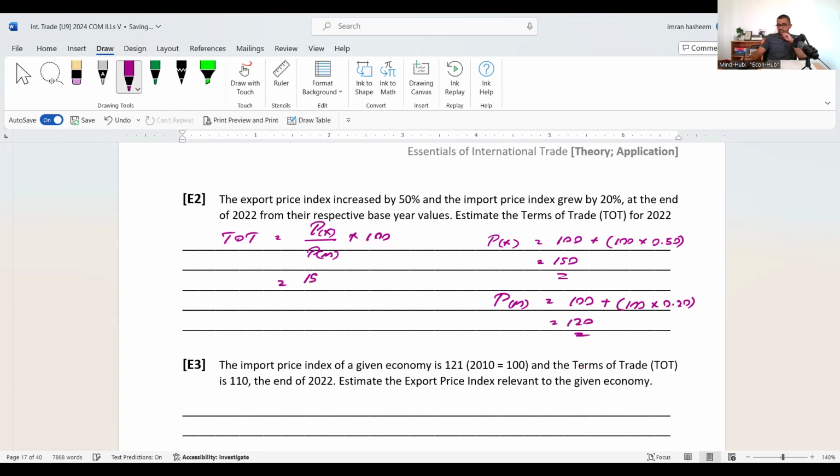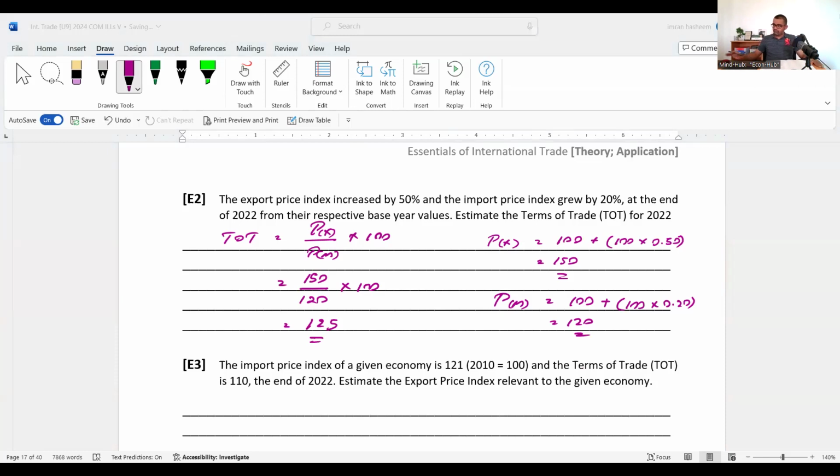So bring those values: 150 divided by 120 into 100. That would be 125. Correct? Yes, 125.